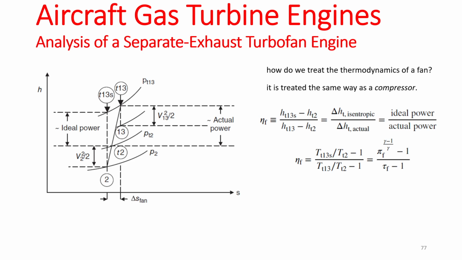So we can use the isentropic relationship and replace that with the pressure ratio of the fan, right? So your fan efficiency is going to be pi_f to the power of (gamma minus 1) over gamma, minus 1, over tau_f minus 1.